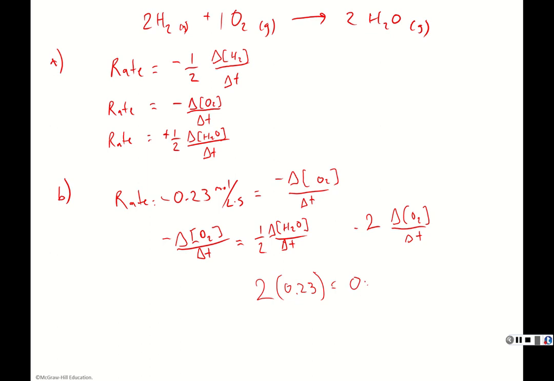So it's 0.46 moles per liter per second for H2O. And again, it's a positive value because we are increasing that concentration. It's a product, it's being produced.